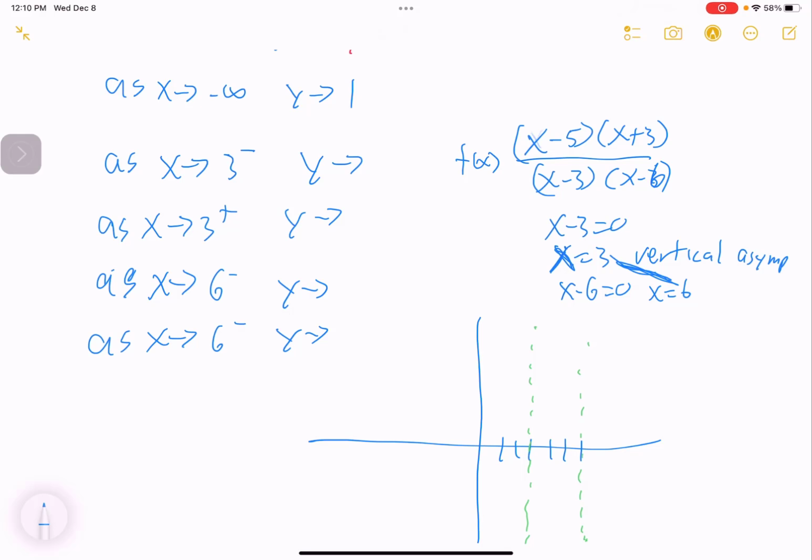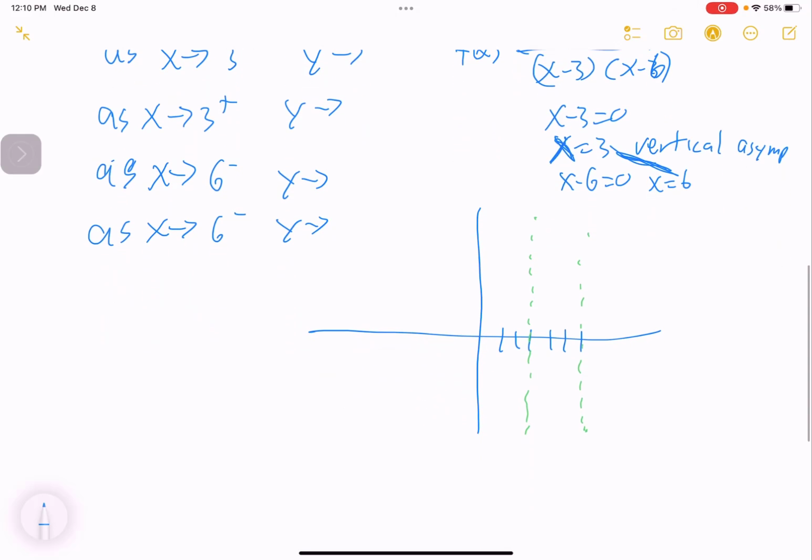Okay, so let's see. A couple of the things we know. Again, we know our f of x is x minus 5 times x plus 3 over x minus 3 times x minus 6. And so we have x-intercepts from the numerator.